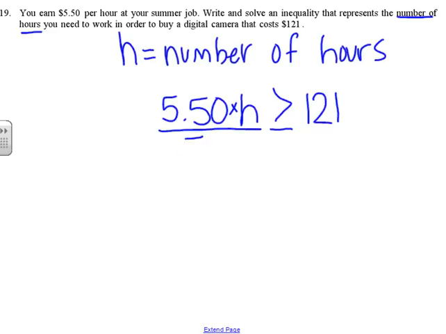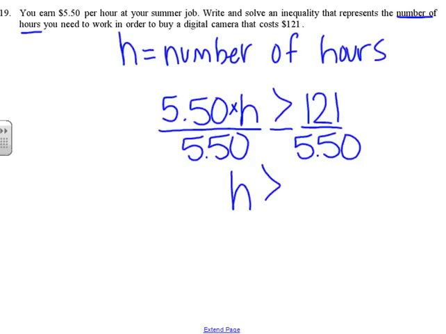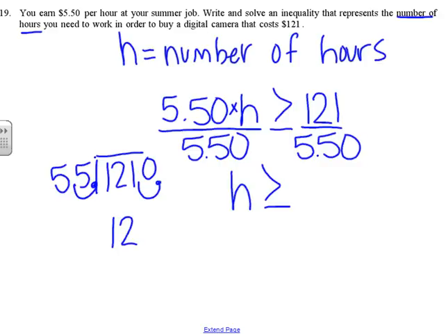All right, one step inequality. We're going to divide by 5.5 on each side. Okay, and then we're going to do long division. 121 divided by 5.5, multiply by 10, multiply by 10. So 1,210 divided by 55. 55 will go into 121 twice.